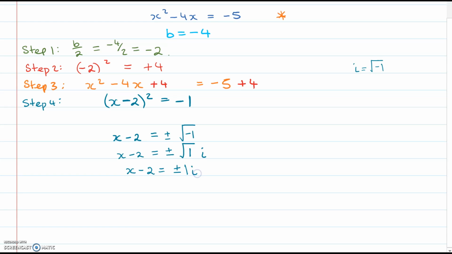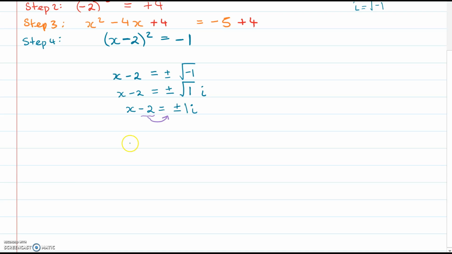1i. And now if you want the x on its own, just bring the minus 2 across, and that's going to give us x. Move the minus 2 across, becomes plus 2, or just 2, plus or minus 1i.